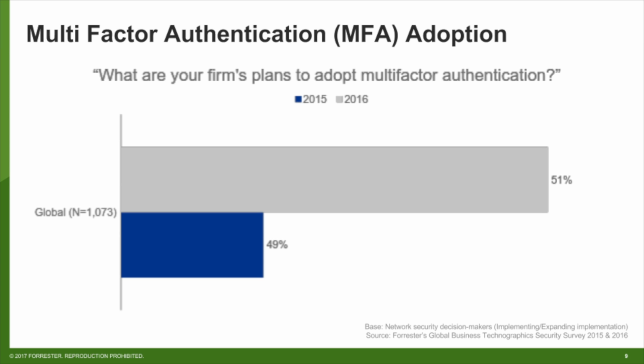The range of form factors, the maturity of the technology, and the value it provides is what's driving a lot of interest, as well as the fact that when you can get multi-factor as a SaaS subscription model, that alleviates some of the overhead or complexity that may have stopped organizations from doing two-factor in the past. And so that's going to continue to drive this market for the next 3 or 4 years.